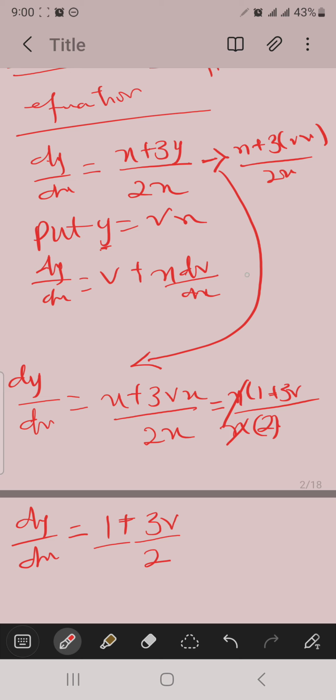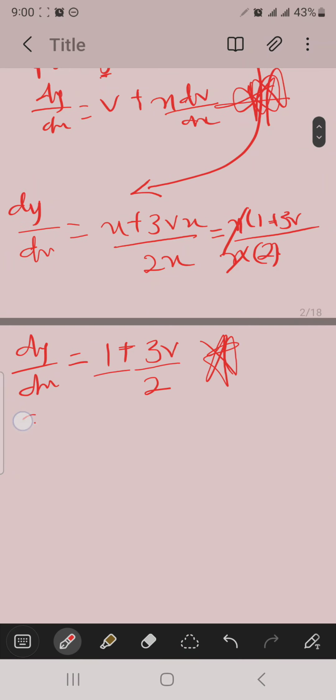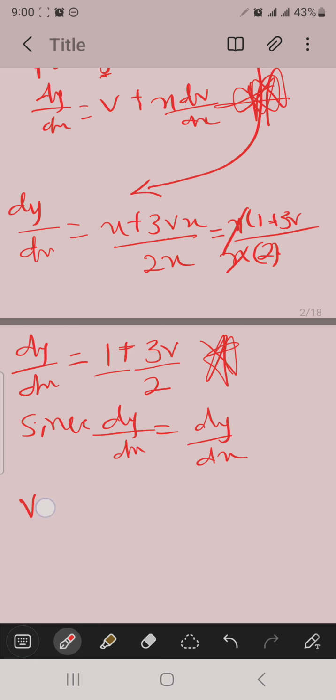We have dy/dx here as well. This one is dy/dx and this one also is dy/dx. Since both of them are the same thing, let's equate them. So v plus x dv/dx will be equal to (1 plus 3v) over 2.